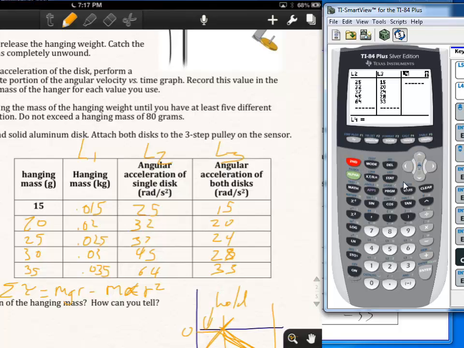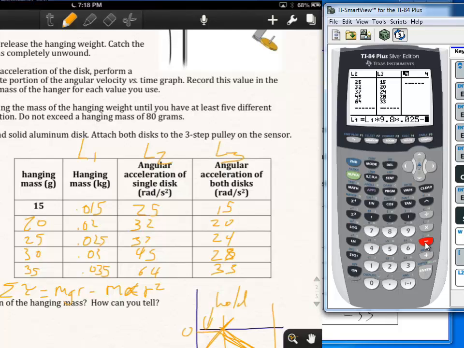So I do second list, L1. Times g. Well, g is just 9.8, so times 9.8. Times r. The radius is 0.025 meters, I believe. It's whatever you found when you did your angular acceleration before. So that's the first part of it.